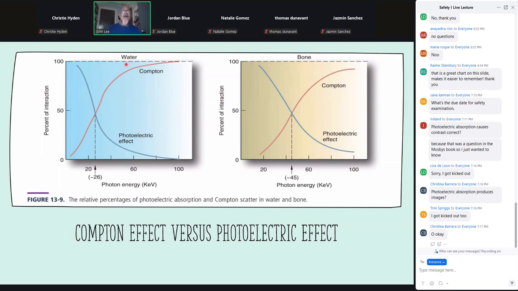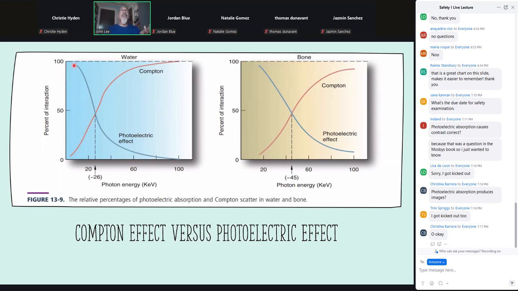Now, in water, at about 26 kV, anything less than 26 kV, we're going to have very few Compton interactions. But as the kV does increase, we're going to get a greater percentage of Compton interactions.